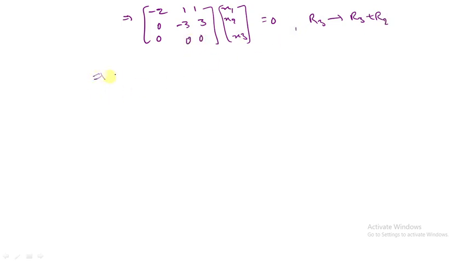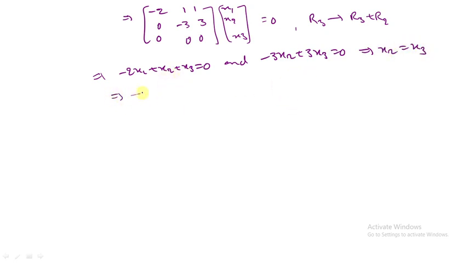That implies minus 2x1 plus x2 plus x3 equal to 0 and minus 3x2 plus 3x3 equal to 0. The same as x2 equal to x3. With x2 equal to x3, that implies minus 2x1 plus 2x3 equal to 0, that means x1 equal to x3.